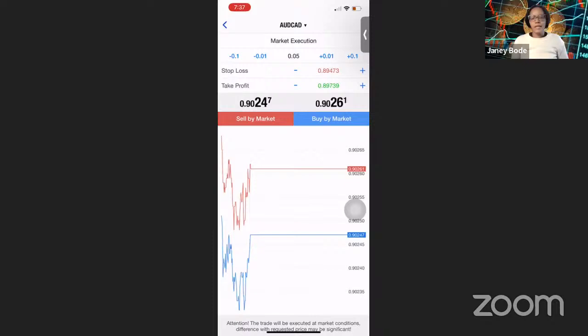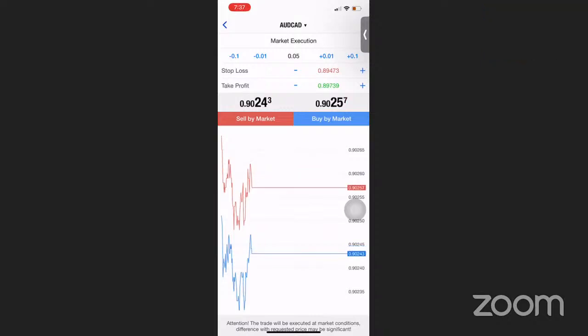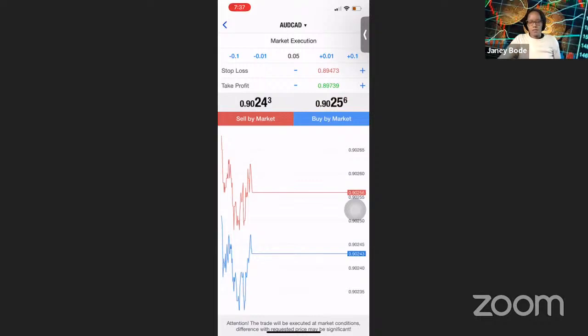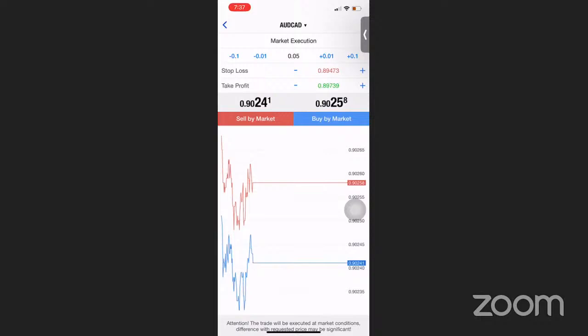Okay. Now, any questions on that? Can you say that again, please? So when you have the stop, you enter the stop loss, which is the invalidation level, and the take profit.